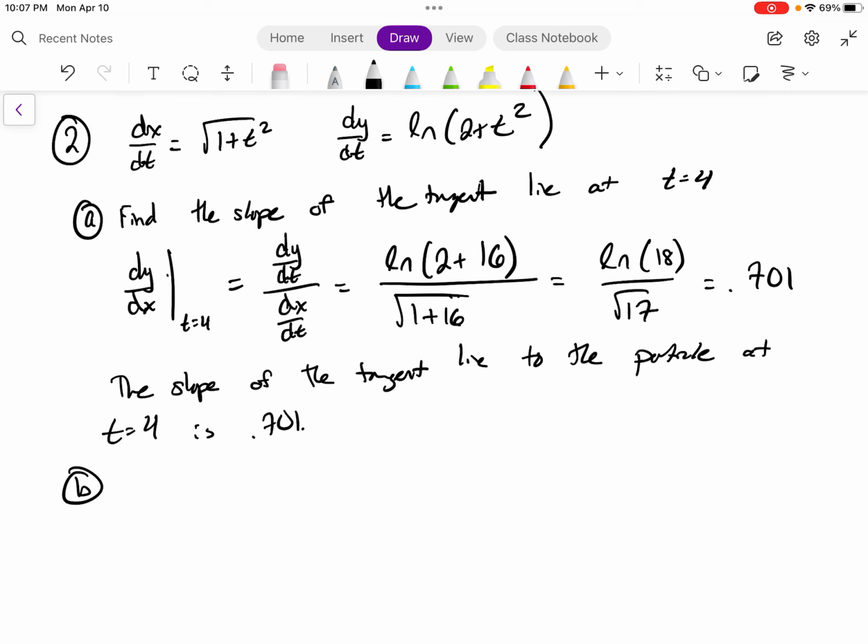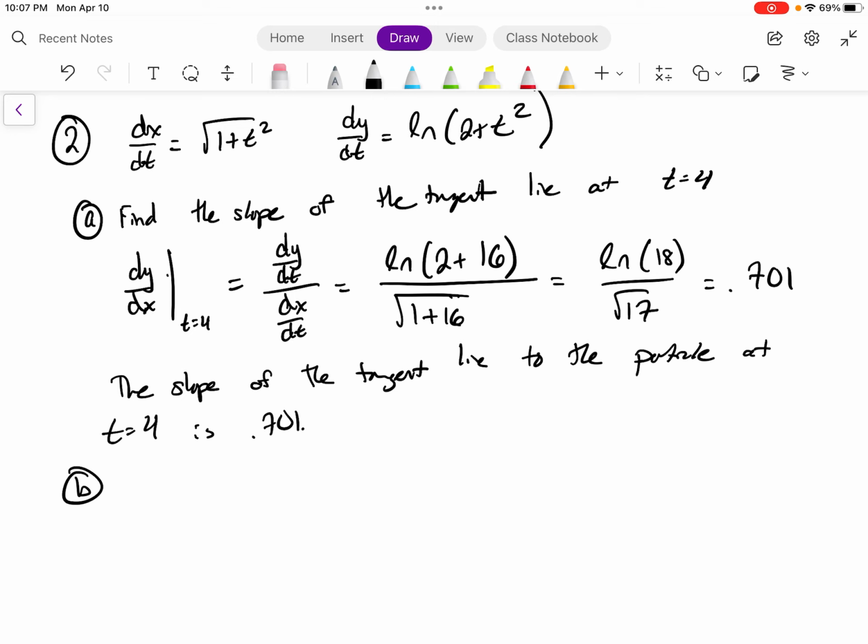Now let's think about B, which is find the speed of the particle at time t equals 4, and then find the acceleration vector of the particle at time t equals 4. For the speed, we're looking at the magnitude of the velocity. We can think of this like the Pythagorean theorem.